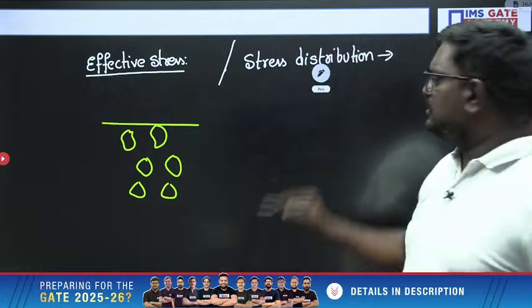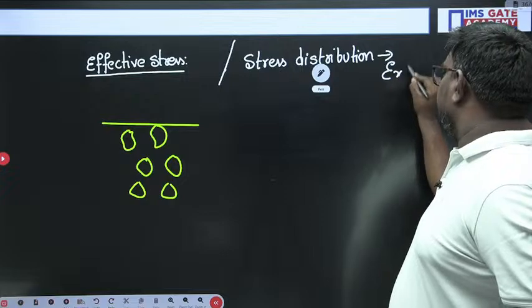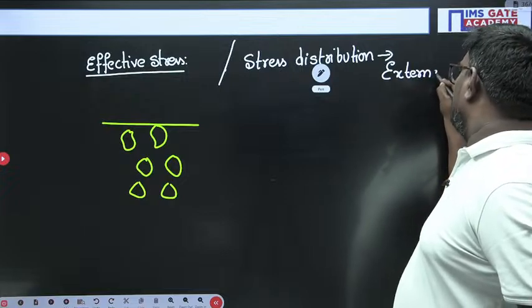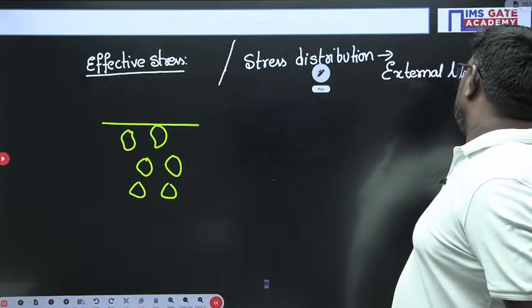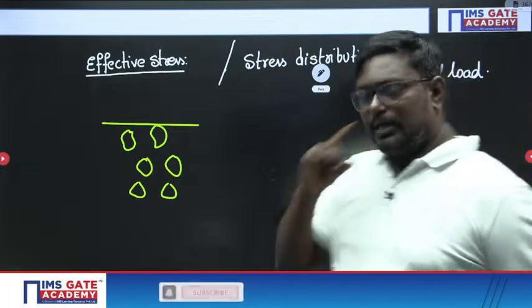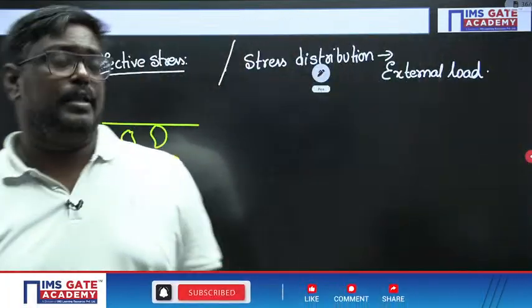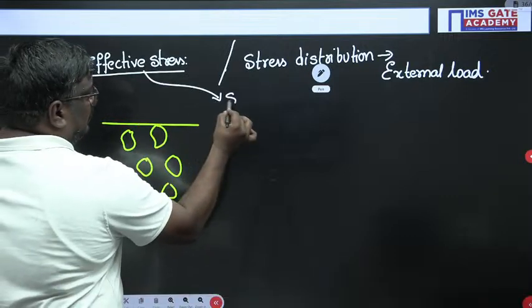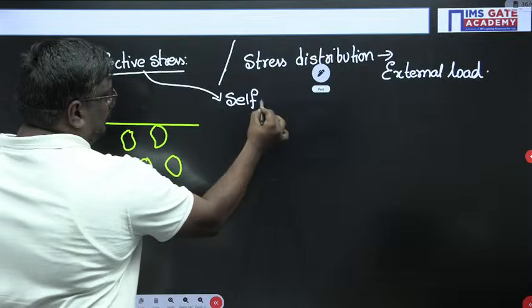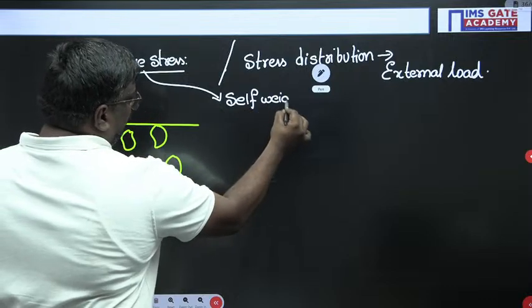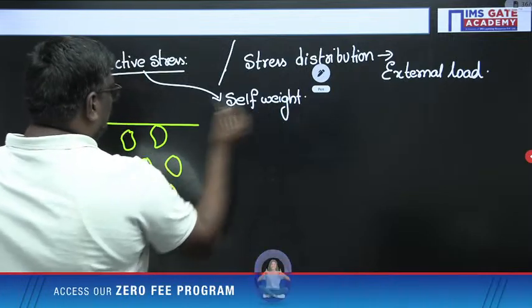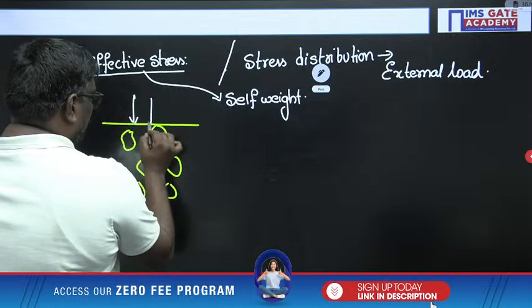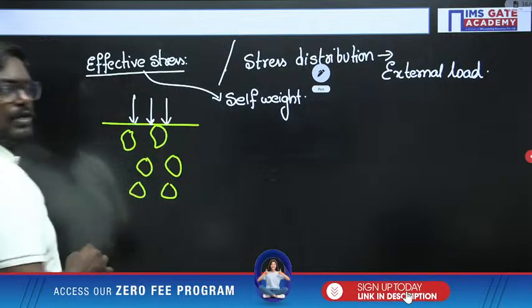Are you getting me, sir? Stress distribution we always calculate for external load, whereas effective stress or total stress is due to the self weight of the soil. This is an important point where you should remember the concept. Suppose I have applied a load here.